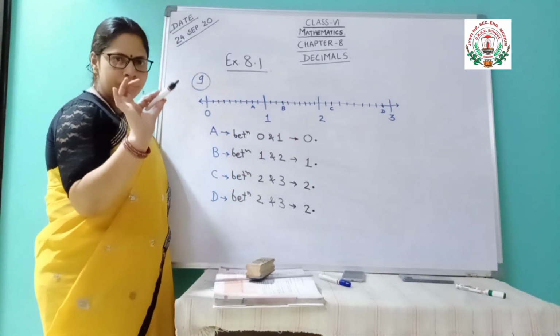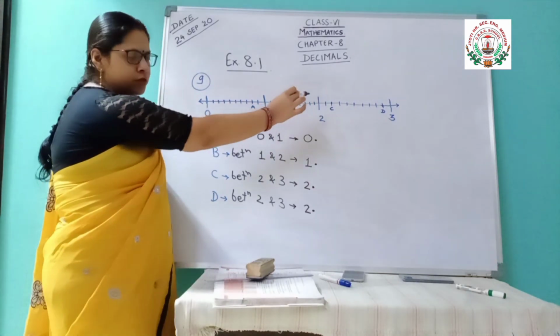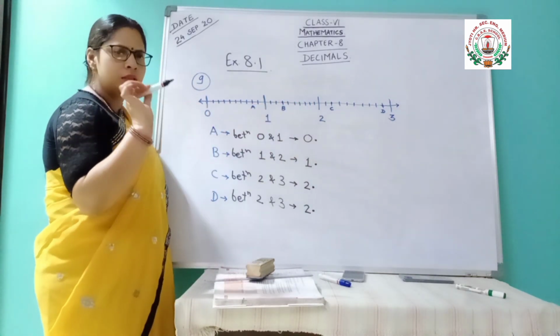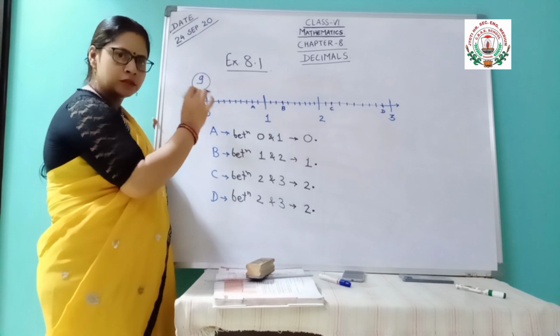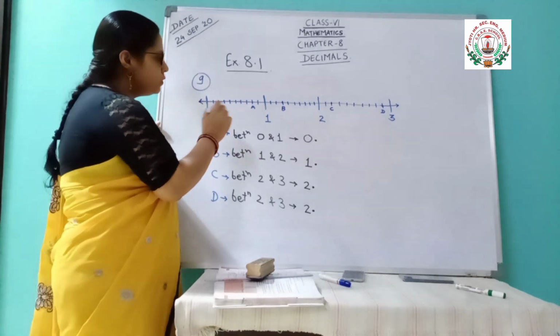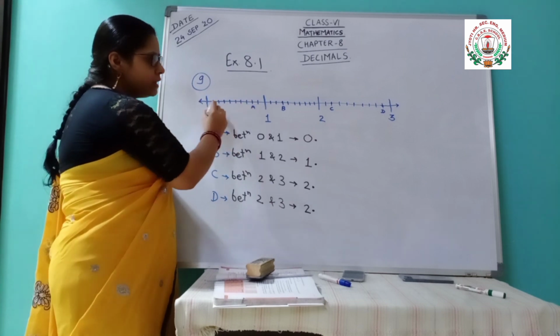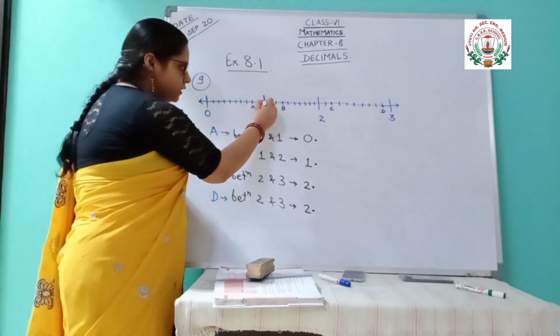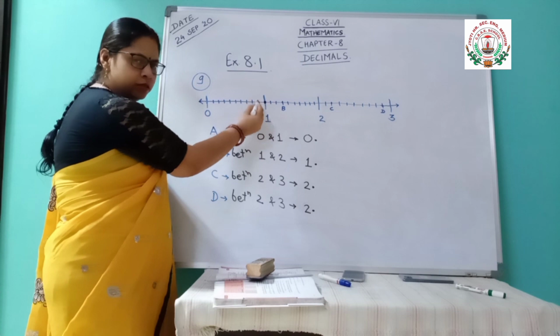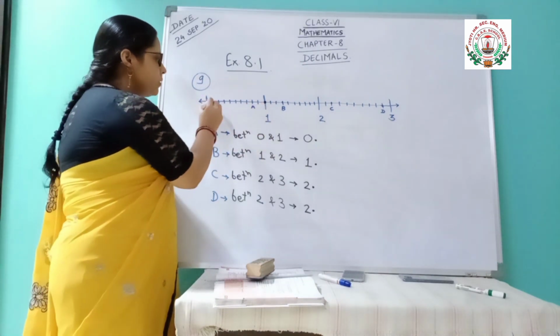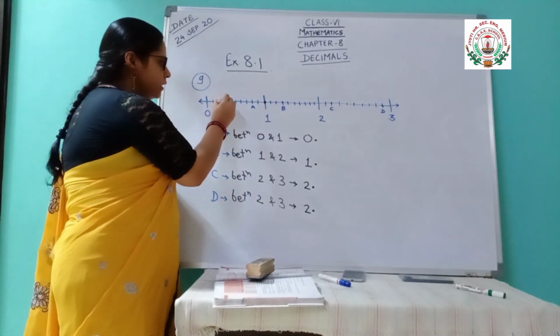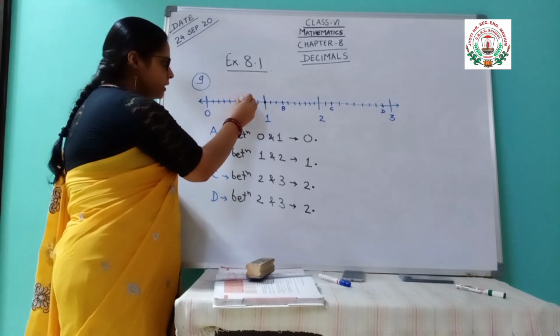I am using a slightly different color pen. It is drawn in blue, and now I am using the black pen just to explain it. Look very carefully. It is 0 point only. Here 9 markings are there, and this is your 10th marking, which is the 1. So it is 1, 2, 3, 4, 5, 6, 7, 8.